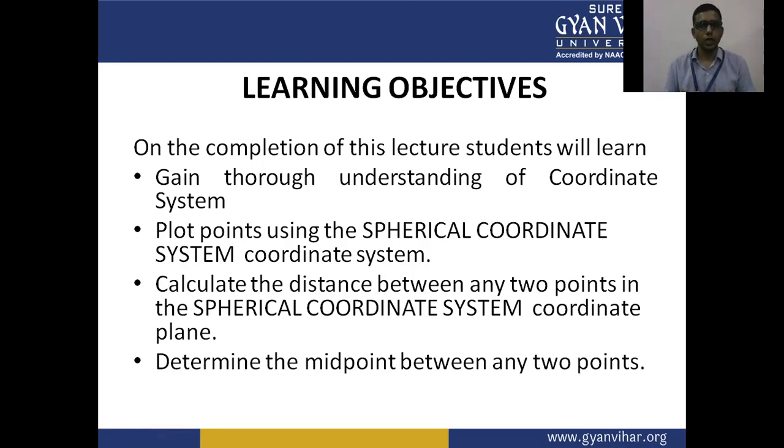They will determine the midpoint between any two points, and understand the transformation from spherical to cylindrical coordinates, spherical to Cartesian, Cartesian to spherical, and cylindrical to spherical coordinate systems.